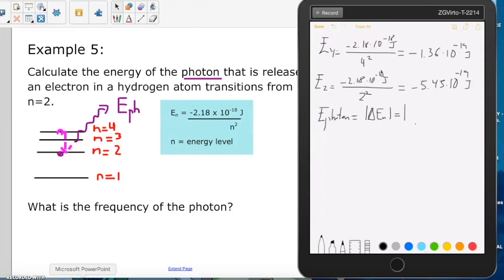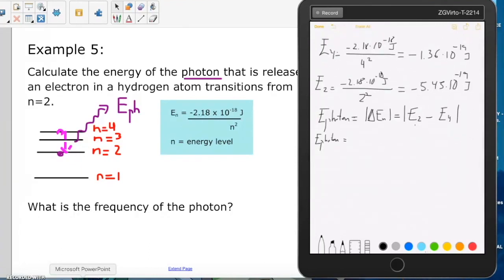So it will be the absolute value of the energy in the final state, which is E2, minus the energy in the initial state, which is E4, okay? So if I want to calculate the energy of the photon, I'm going to just plug in the numbers.